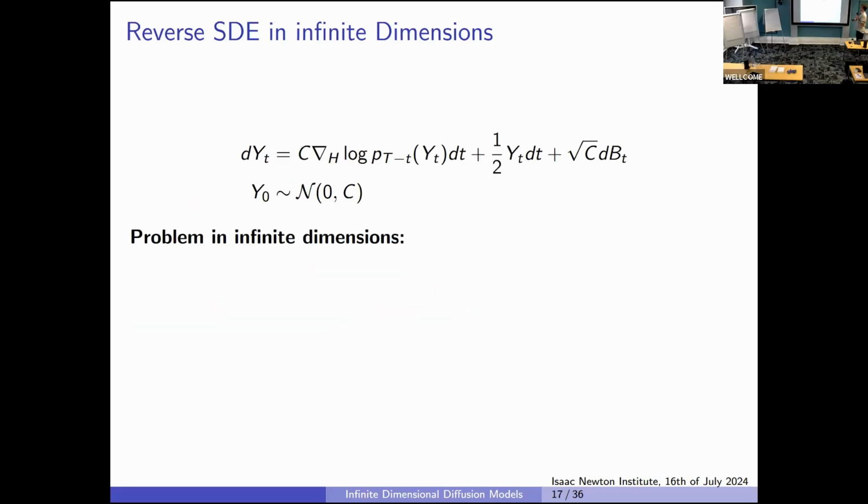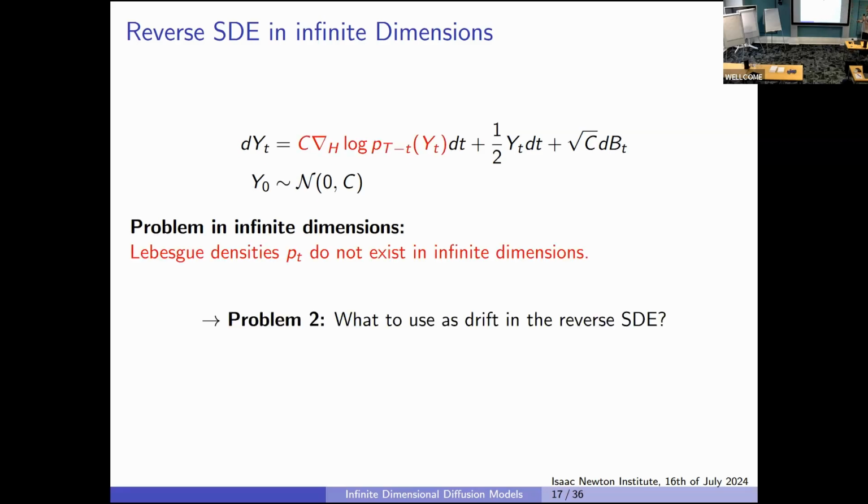And for now, we look at the reverse SDE. We have, of course, the same problem in the reverse SDE. So let's say we will have the same choice here, basically. And also in the reverse SDE, the change to the normal formulation is that you now get the C also in front of your drift. And the problem in the reverse SDE is that these were Lebesgue densities, right?